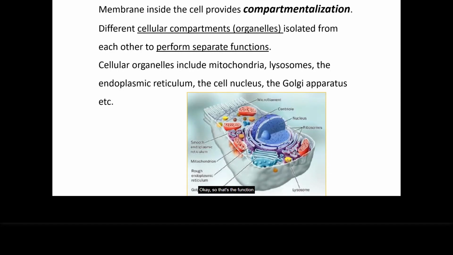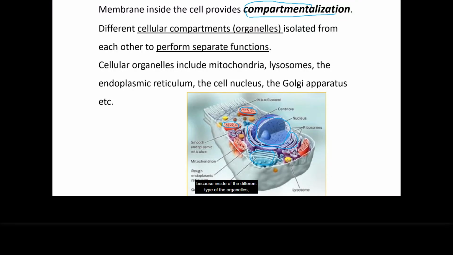The other function of the membrane overall is compartmentalization, creating little compartments. Yes, different organelles, like here, mitochondria, nucleus, Golgi, endoplasmic reticulum. All these organelles are bounded by a membrane. And why is compartmentalization important?